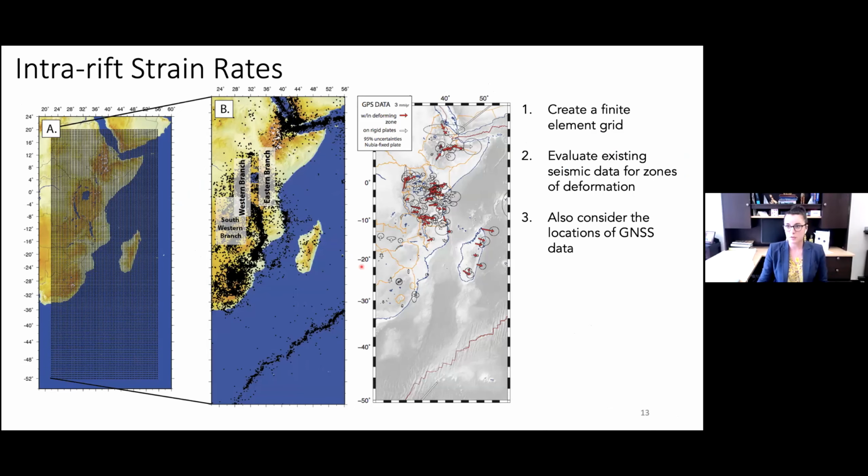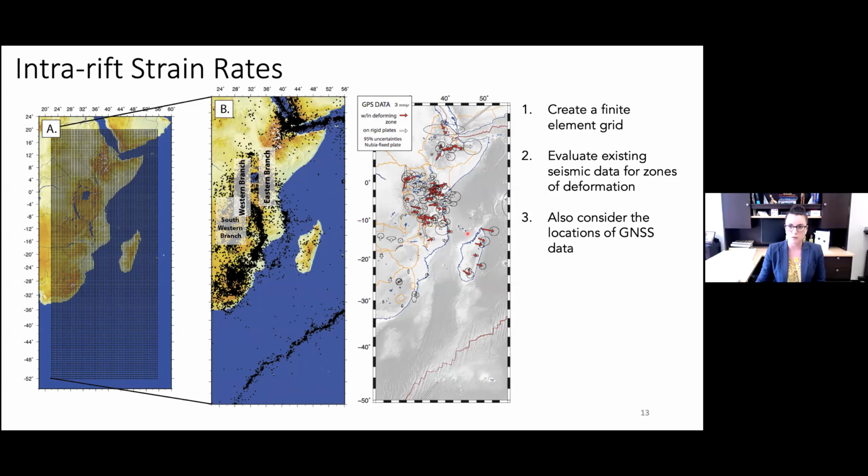So the steps to using this approach require that you define a finite element grid, which is shown in A, and then you have to make some decisions about where you want to define zones of rigidity versus zones of deformation. And so we used maps of seismicity like shown in B, and then the maps of where we had the data, which could constrain the model.